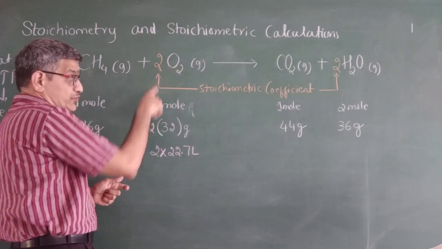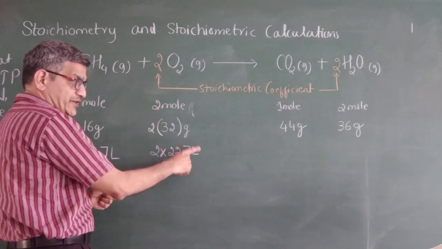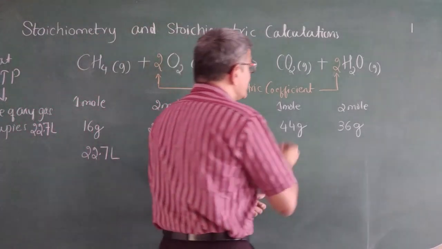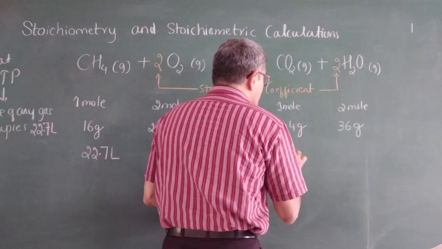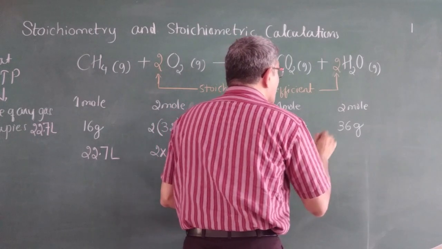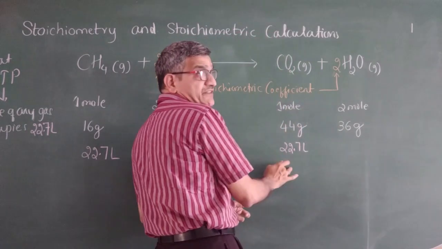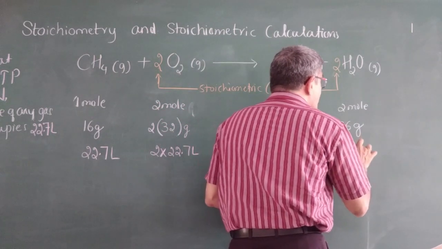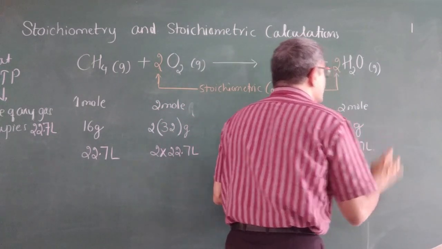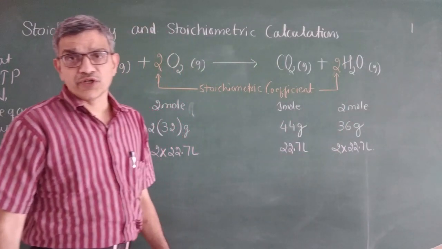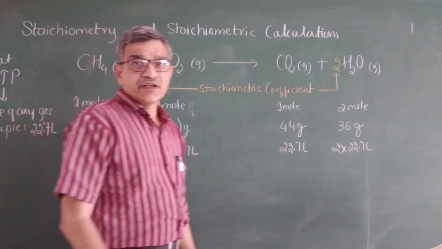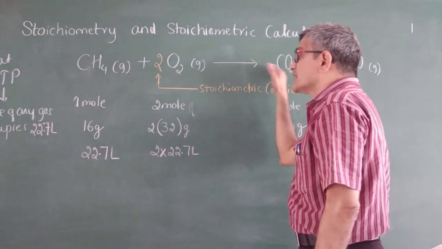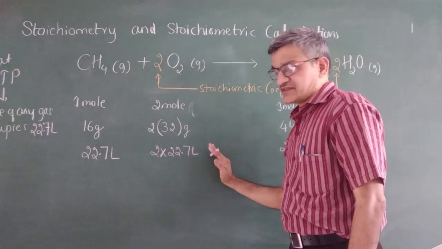This is 2 mole, 2 into 22.7 liter. Similarly, this is again 1 mole, 22.7 liter of carbon dioxide, and it gives 2 into 22.7 liter of water. So this is how you explain based on the chemical reaction.